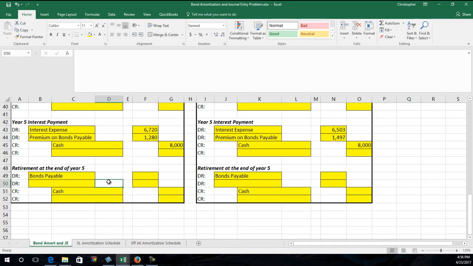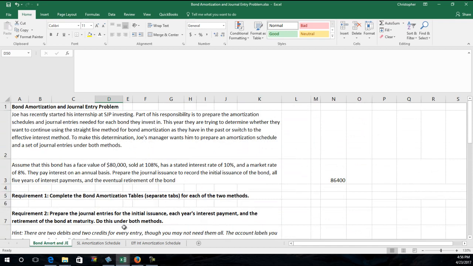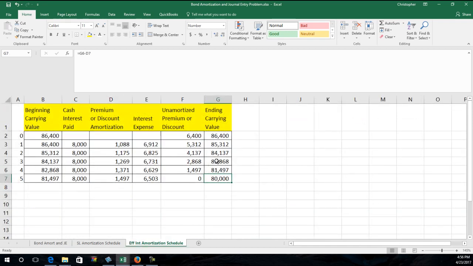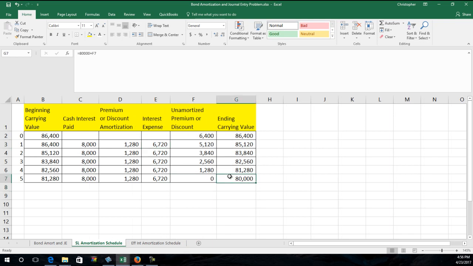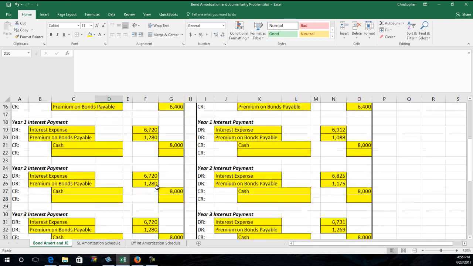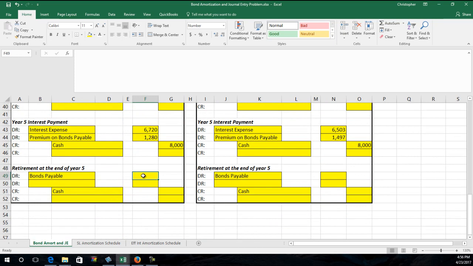And since it's at maturity, the carrying value, as you can see here, would have been $80,000 with no premium. That's the same under both methods. So what this means is that we have to pay $80,000 to pay this off. But that's it.